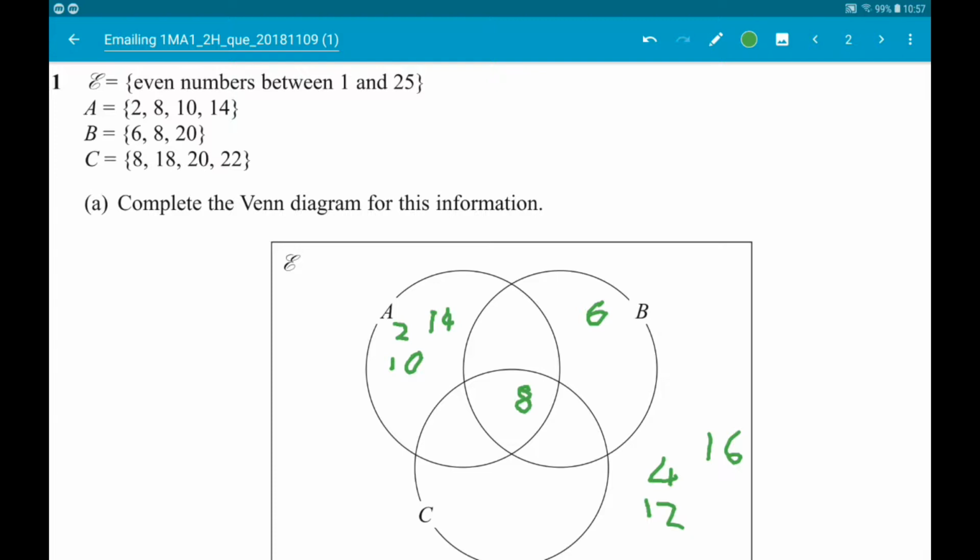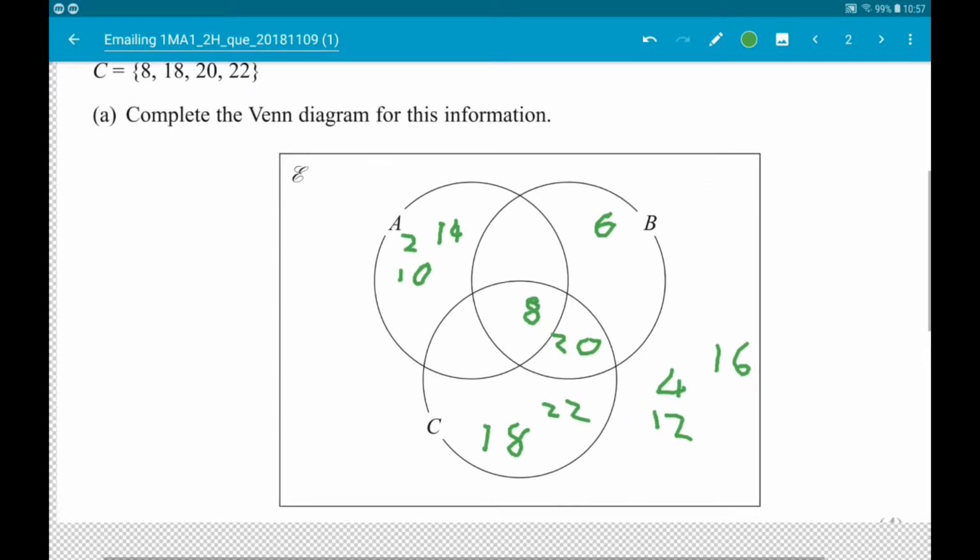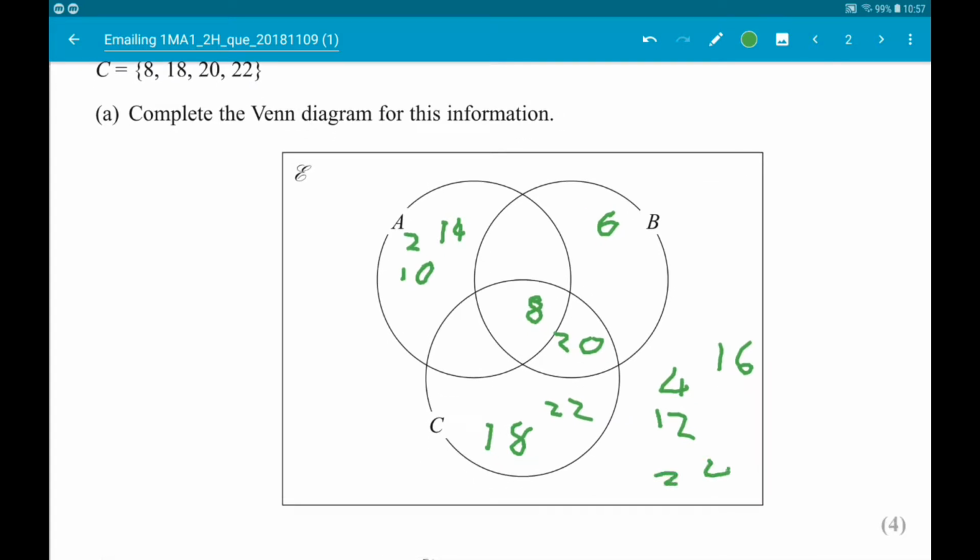Next would be 18, so that is only in set C. 20 is in B and C, so that is going to go there. 22 is only in C, so that's going to go there. And then finally, 24 is in none of the sets. So it goes on the outside like that.